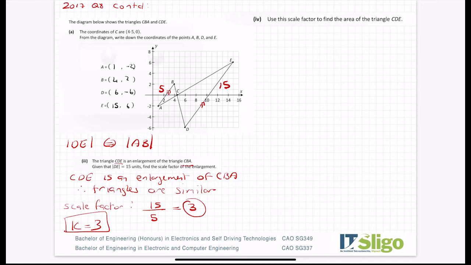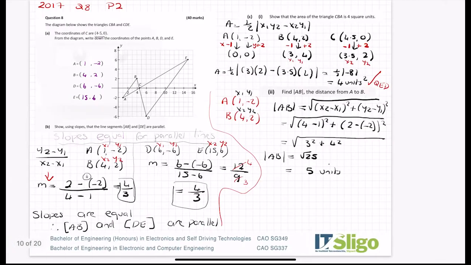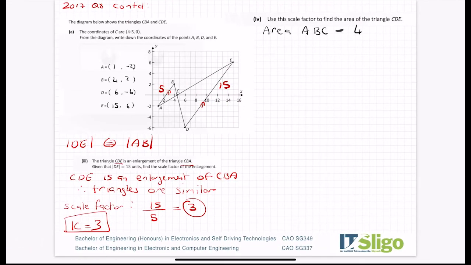Okay, so this is quite a hard question. So the area of ABC, if you remember, was 4 square units or units squared.